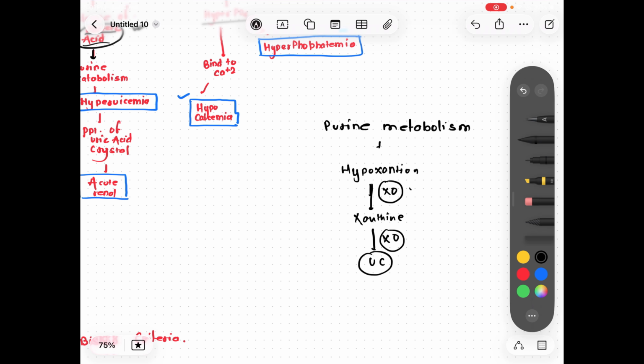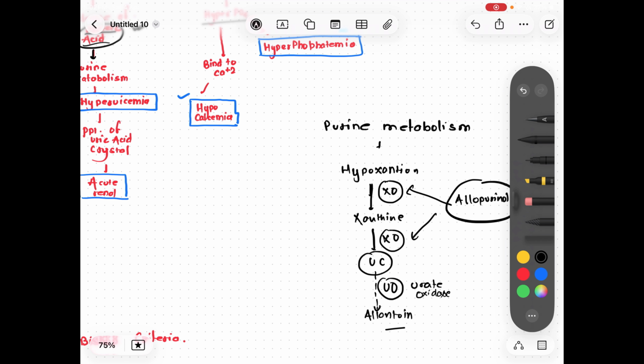The inhibitor of this enzyme, as we know, is allopurinol. And this uric acid finally gets converted into allantoin with the help of the enzyme urate oxidase. This is the enzyme which is not found in humans. So ultimately the hypoxanthine or the purine gets converted into uric acid.